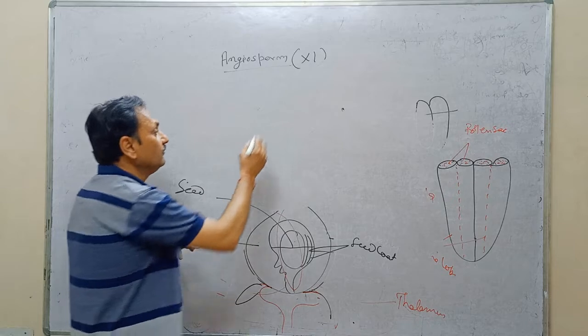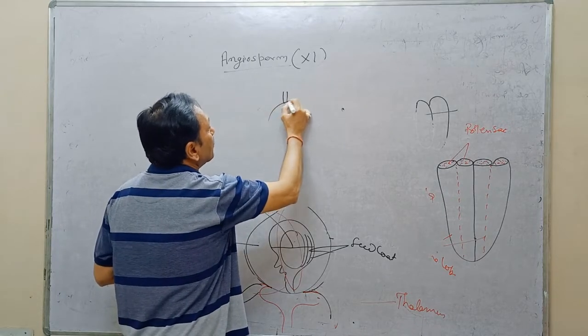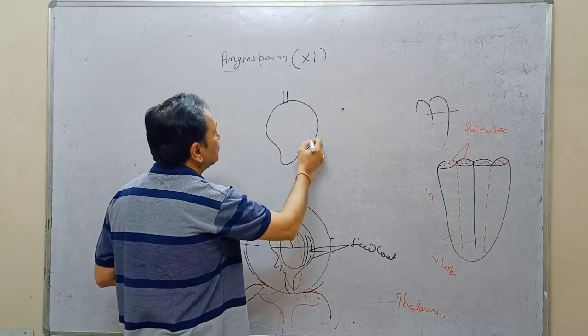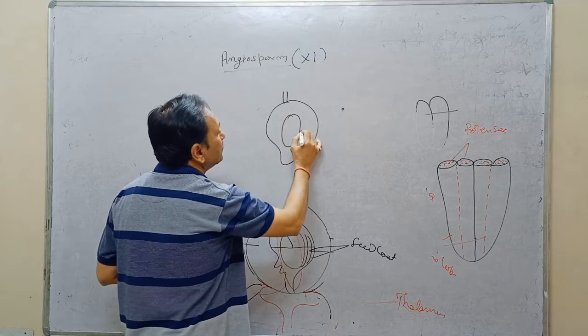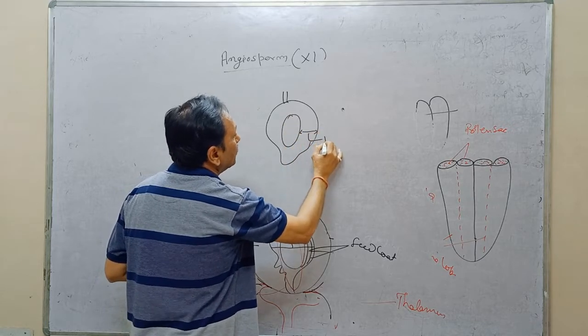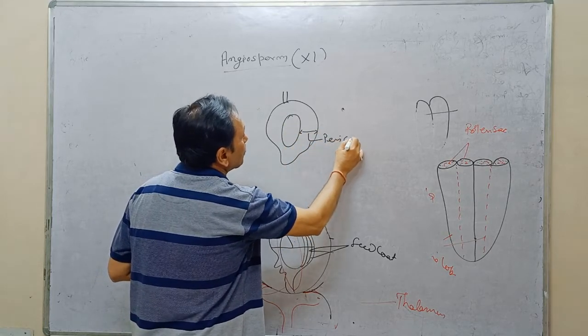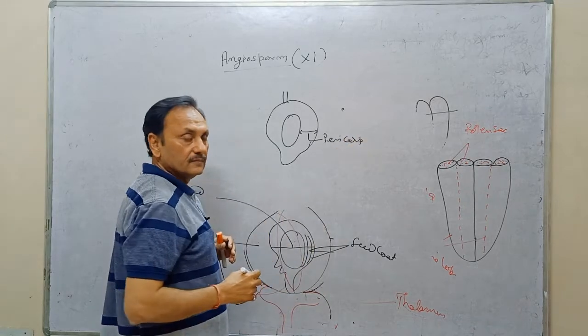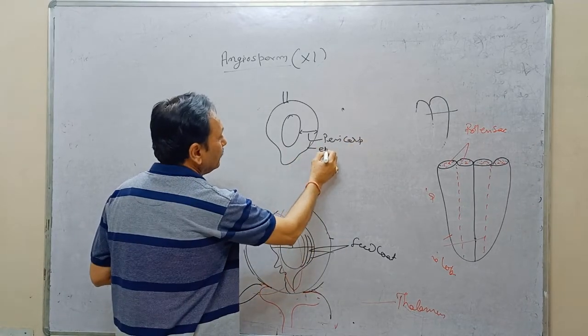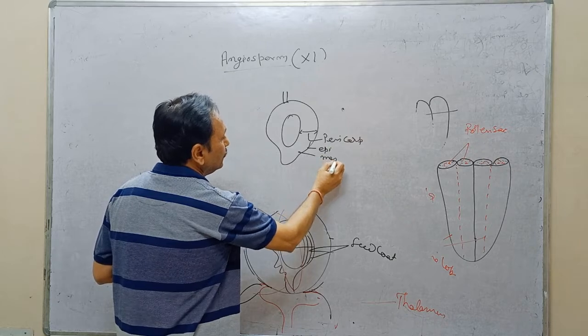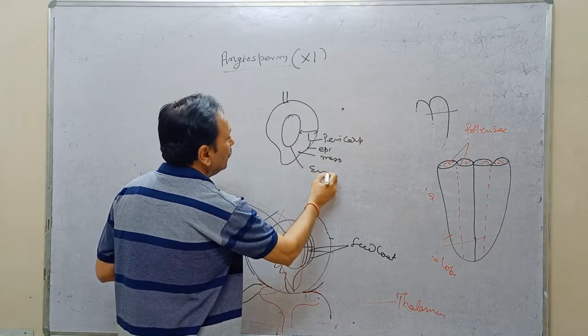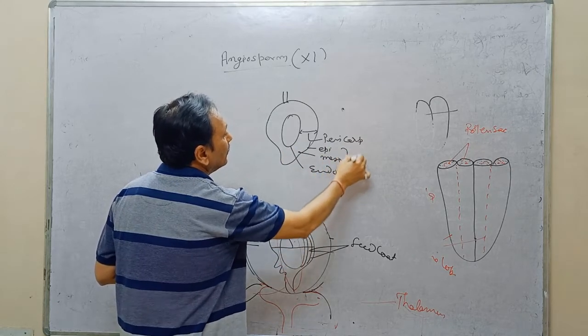And ultimately we will observe that the fruit has a pericarp. That is the epicarp, this is the mesocarp, this is the endocarp, and together this is called pericarp.